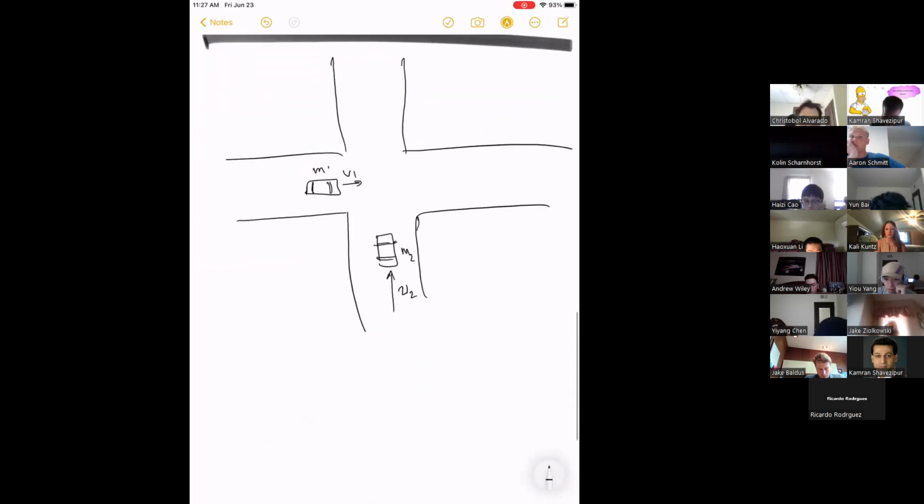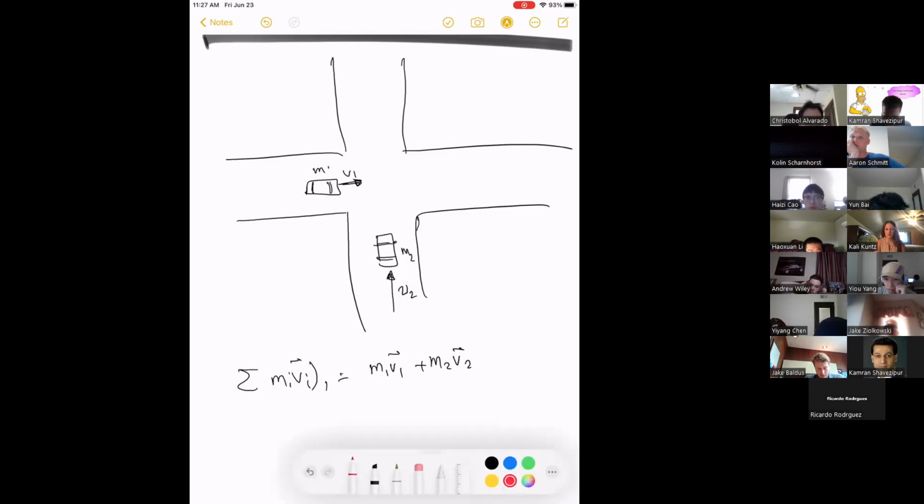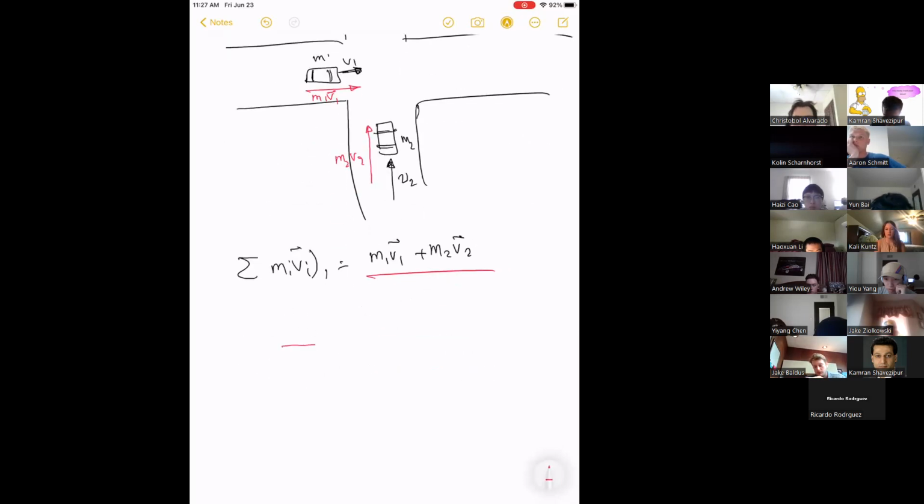So technically, the summation of mivi is going to be m1v1 plus m2v2. Let's say m1 has lower speed than m2, and they have different masses. So the linear momentum for this one is this, and the linear momentum for this one is this. When you add them together, this is what you get.